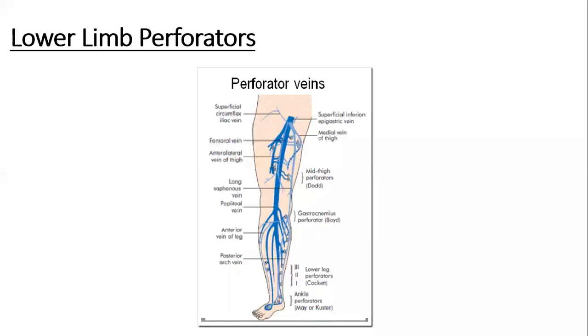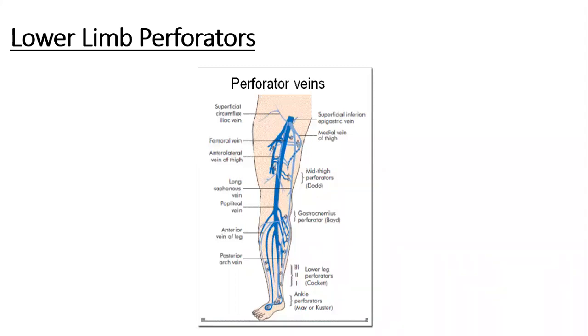So the ankle perforators further comprise various small groups that include medial, lateral, and anterior around the region of ankle. The medial group of ankle perforators connects the medial plantar vein with the great saphenous vein.